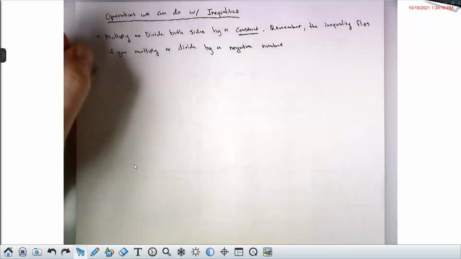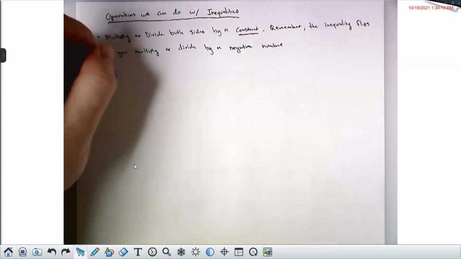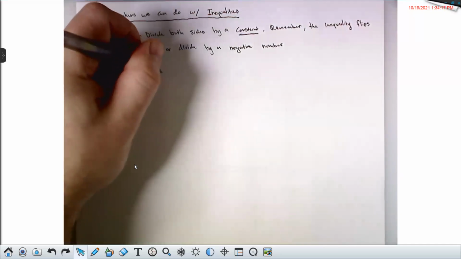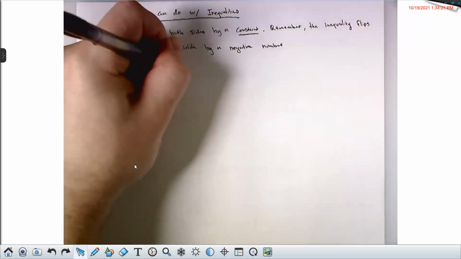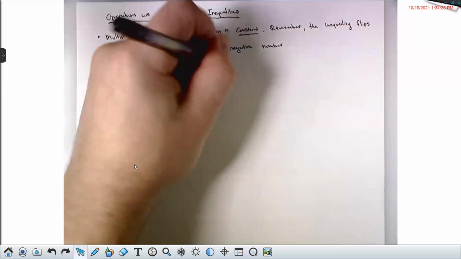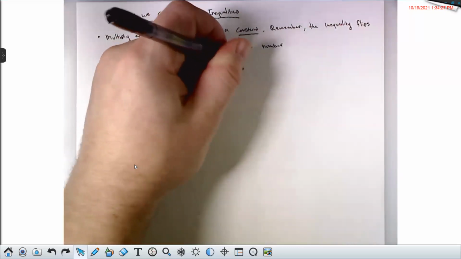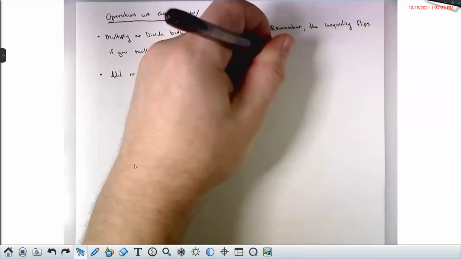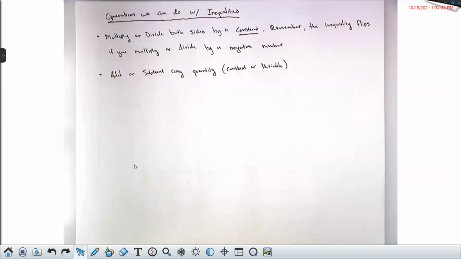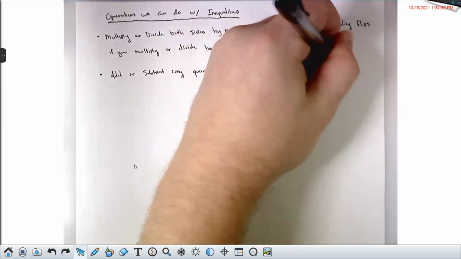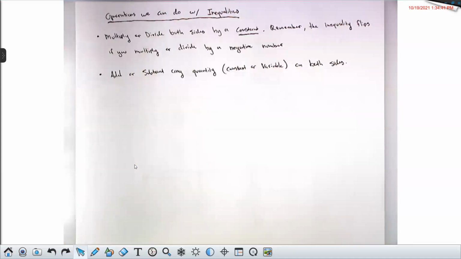The other thing we're allowed to do always, you can add or subtract any quantity. Constant or variable. On both sides. So we have to stick to operations that preserve order, right?